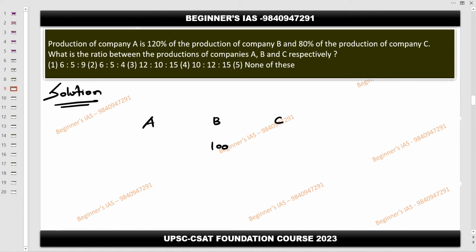We don't know both. Production of company A is 120% of the production of company B, and listen, production A is 120% of company B and 80% of company C. Suppose if you are taking A as something, that is going to be 80% of the company C's. Understood? Then how will you take that?